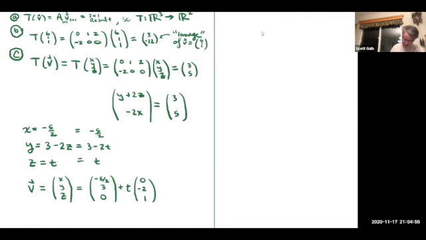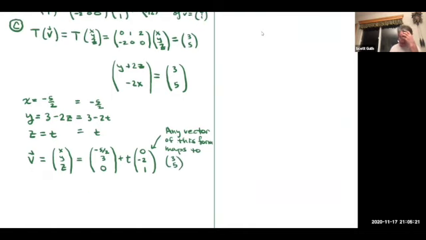Okay, so any vector in this form maps to 3, 5. Which means you could pick any value for t, put it in, and it would work just fine.